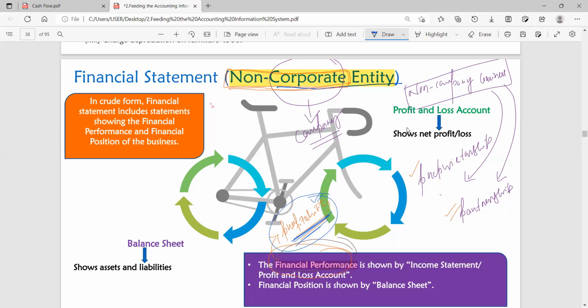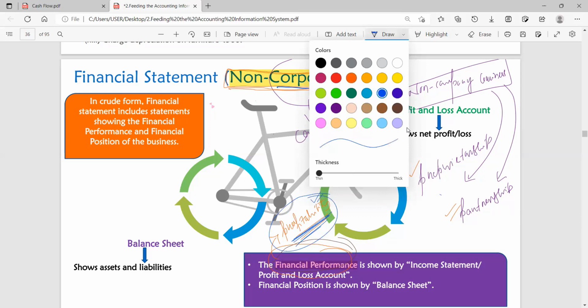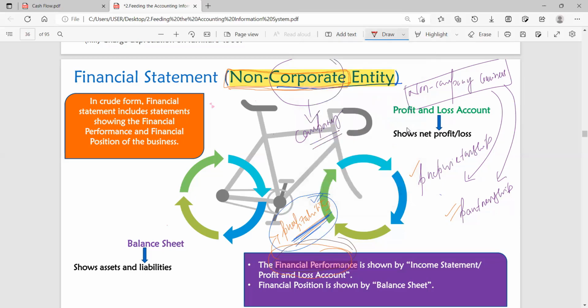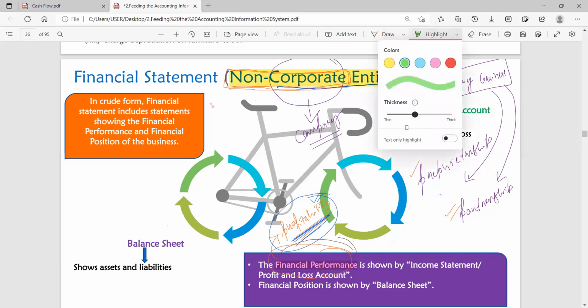And then the second important information which the business owners and also other stakeholders interested in the business want to know is the financial position of the business.